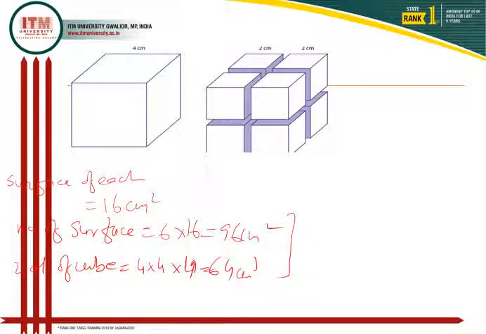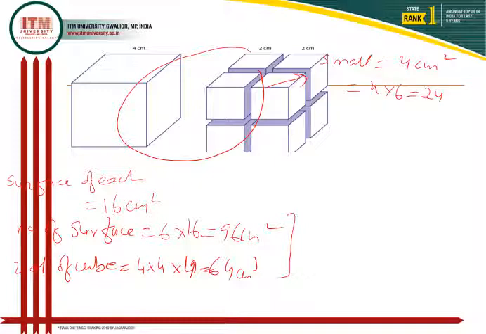But if you take the right hand side, then we have divided this cube into 8. Now the surface area of a small cube will be 2 into 2, that means 4. Since these are now separate, for each small cube the surface area will be 4 into 6, that will be 24. How many cubes do you have?